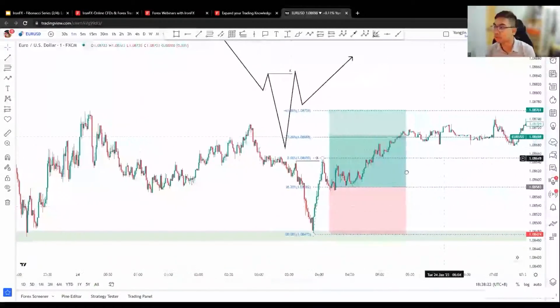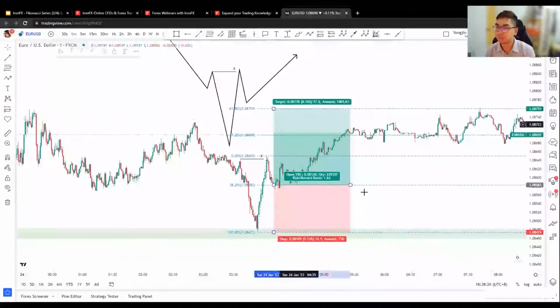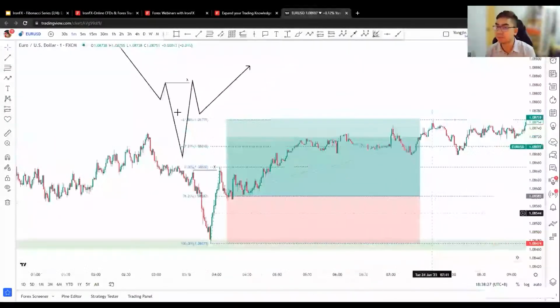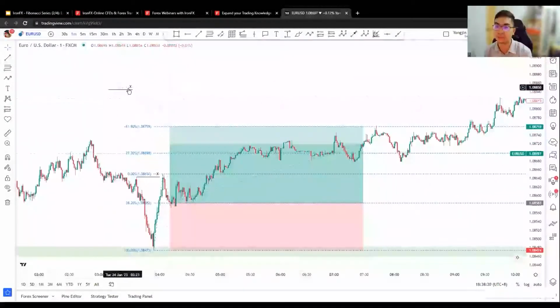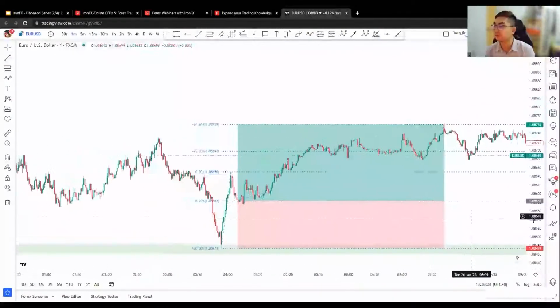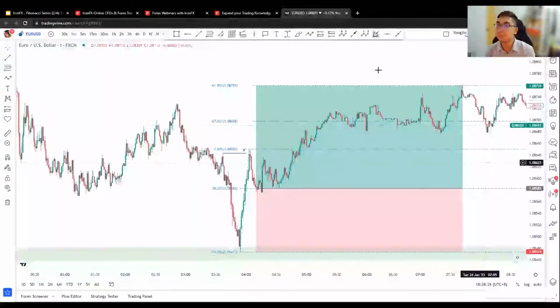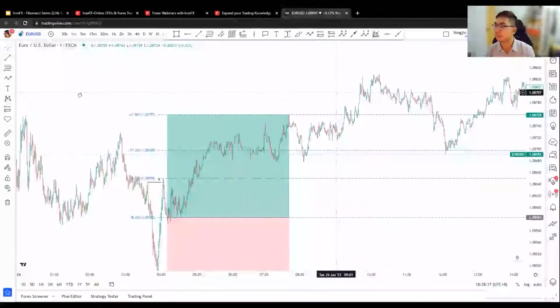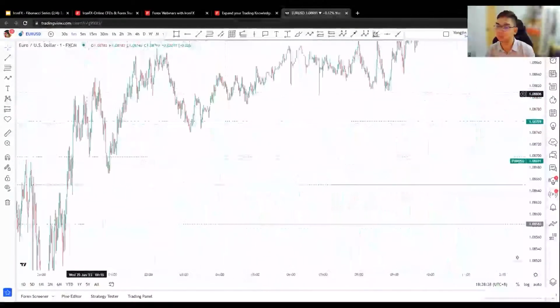So you can actually notice that, let's see whether the 61.8% target has been hit. Okay, price actually tapped very, very nicely before it reversed back down. So same thing. Let me get the lines out. Do I have the lines? No. Okay, never mind.